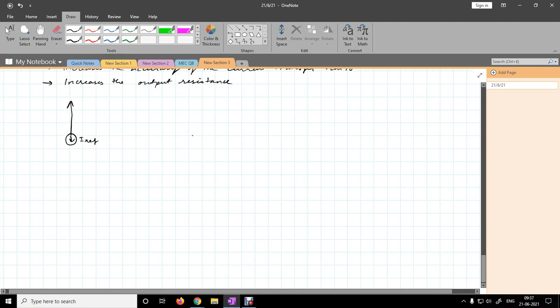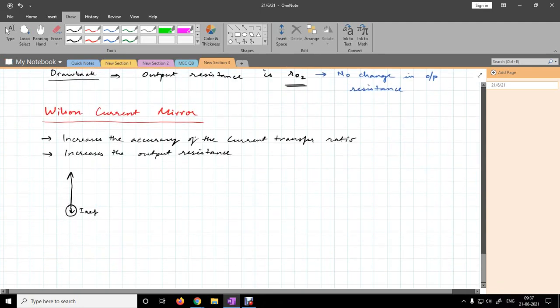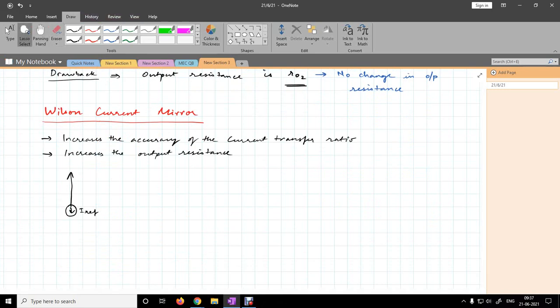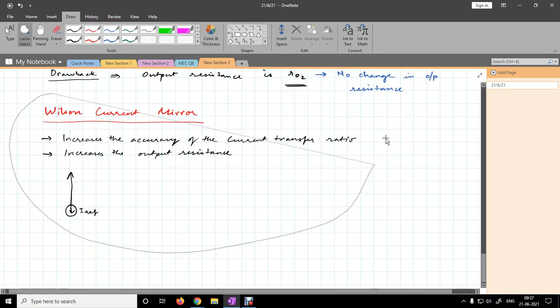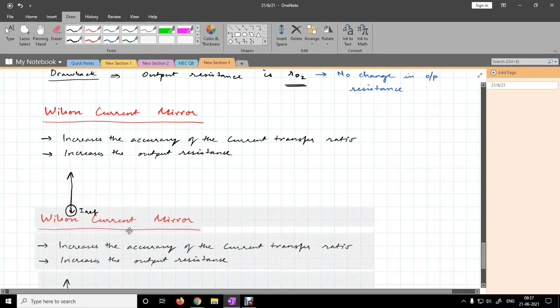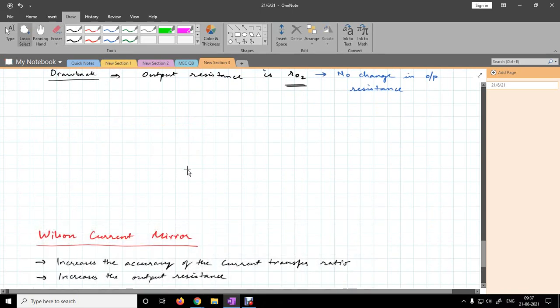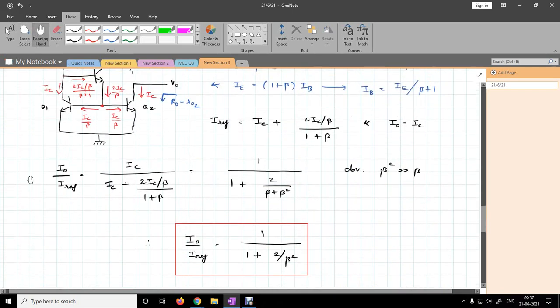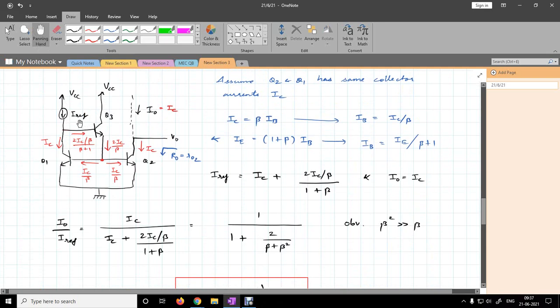Also, before going to this point, another small thing I want to mention. Here, in the above circuit with base compensation, you have I reference here, right?